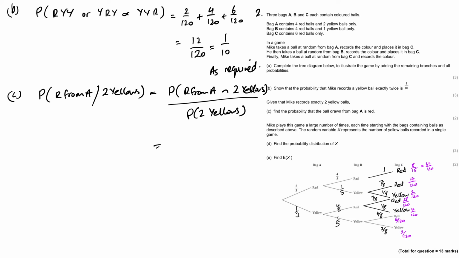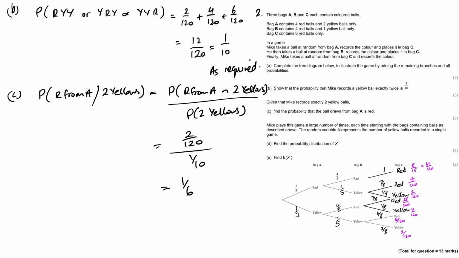So red from A and 2 yellows is this one, wasn't it? Sorry, 2 over 120. And the probability of 2 yellows is 1 over 10. Okay, or you can think of it as 12 over 120, which you know might be easier for you. But this then should give me 1 over 6.